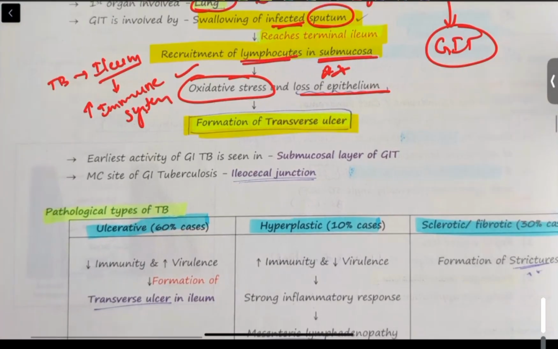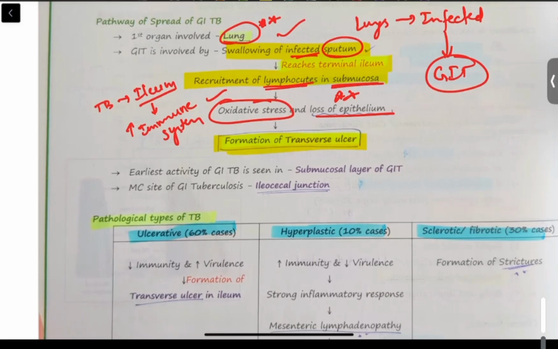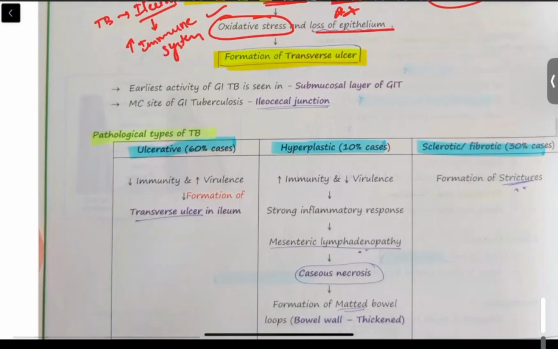So whenever a person infected with TB swallows the infected sputum, a case of gastrointestinal tuberculosis arises. The earliest activity of gastrointestinal tuberculosis is seen in the mucosal and submucosal layers of the GIT, because this is where the lymphocytes, or our immune system, are present in the gut.